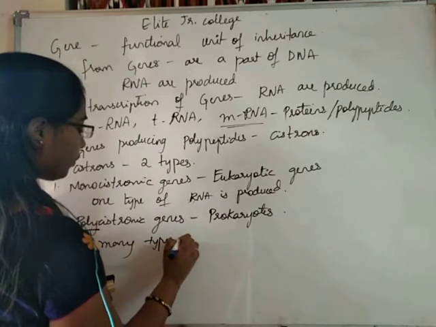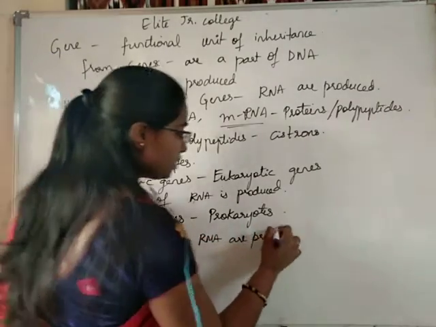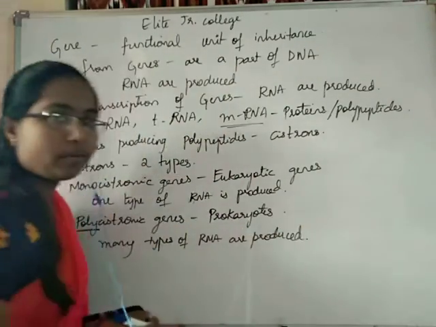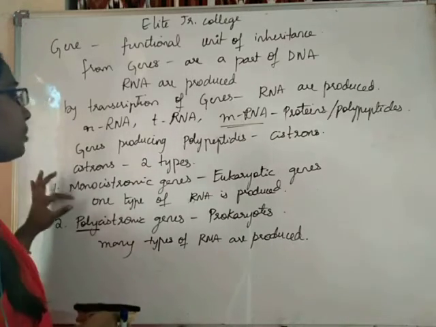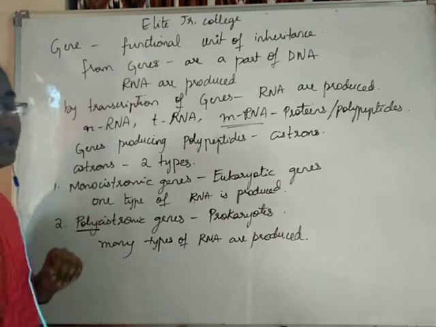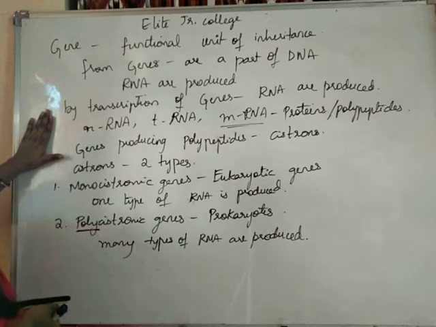Many types of RNA are produced from a single gene. So, this is about monocistronic and polycistronic genes, students. Once we revise this concept, we will then learn more.